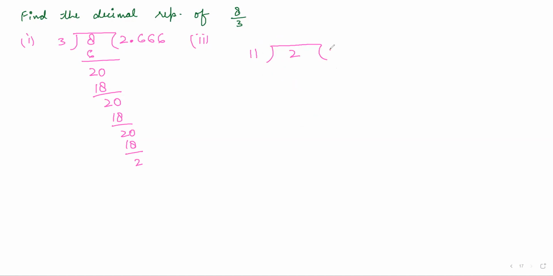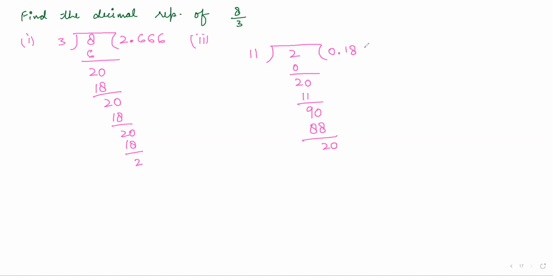So this will go 0 times. Clear? Because 2 is smaller, so 0 times. So 2 will be the remainder. Now, once you get a remainder, then you can put a decimal. Now put a 0. So 11 into 1 is 11 now. Then you get 9. So make it 90. Now 11 into 8 is 88. Then you get 2.